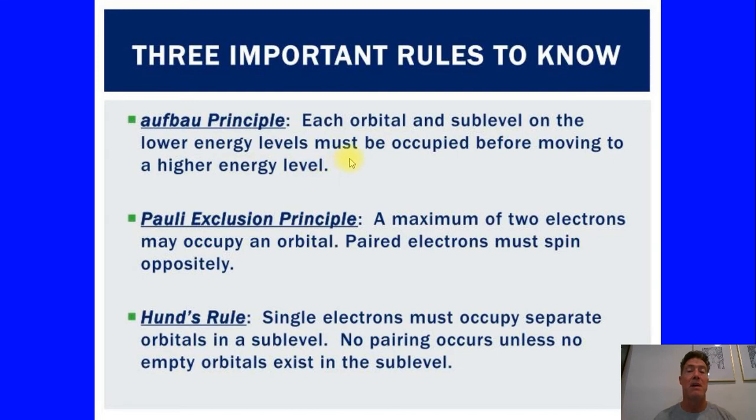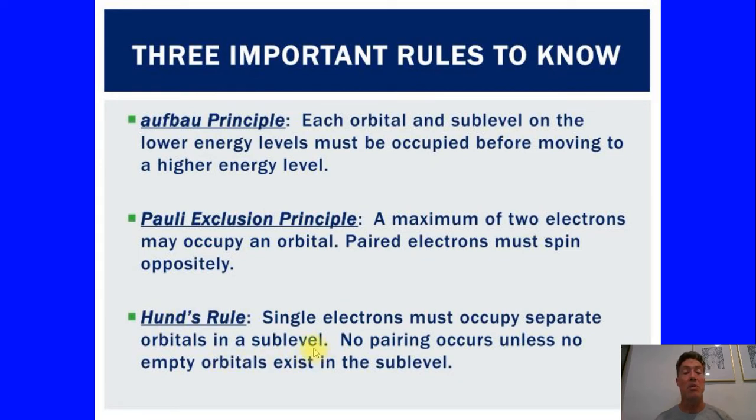This makes sense. These electrons are going to want to go to the lowest possible energy levels first. The Pauli exclusion principle says we can have a maximum of 2 electrons per orbital, and paired electrons in the same orbital must have opposite spin.